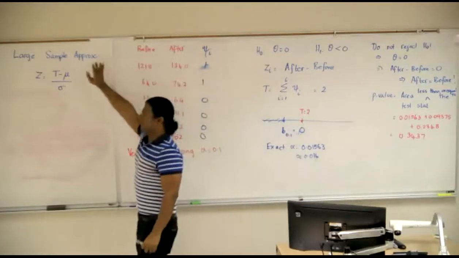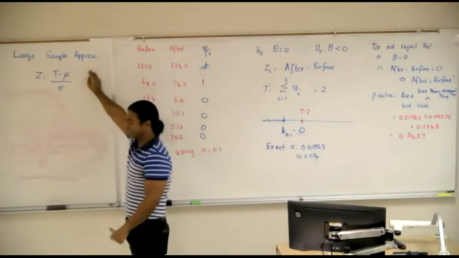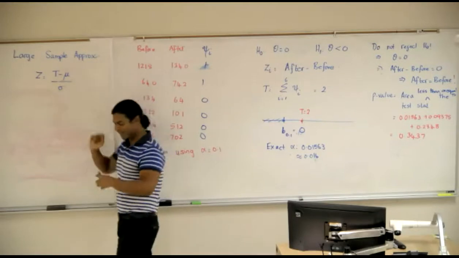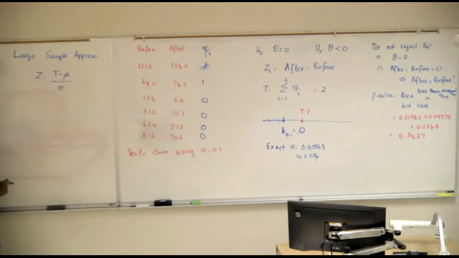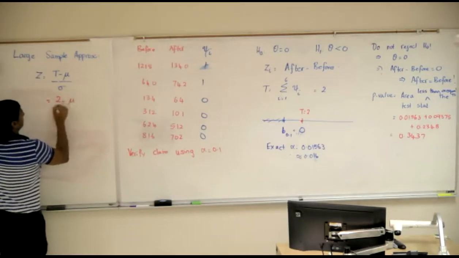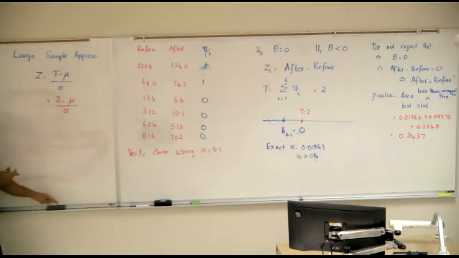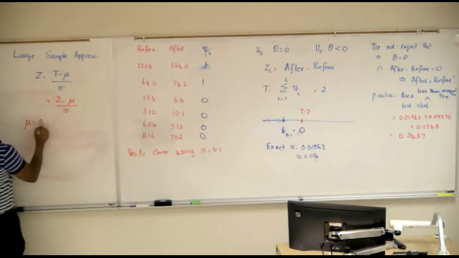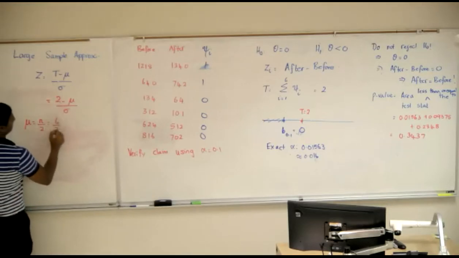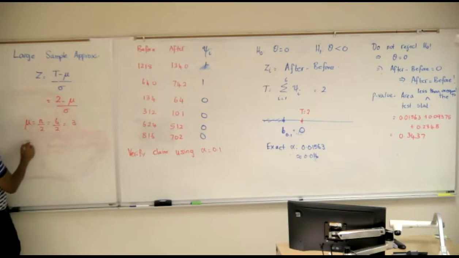So to find the large sample approximation, we need to find the standardized test statistic, which is T minus mu divided by sigma. T is the actual test statistic, which is 2. Mu for a Fisher sign test is n over 2. In this case, n is 6, so 6 over 2, we get 3. The variance is n over 4.